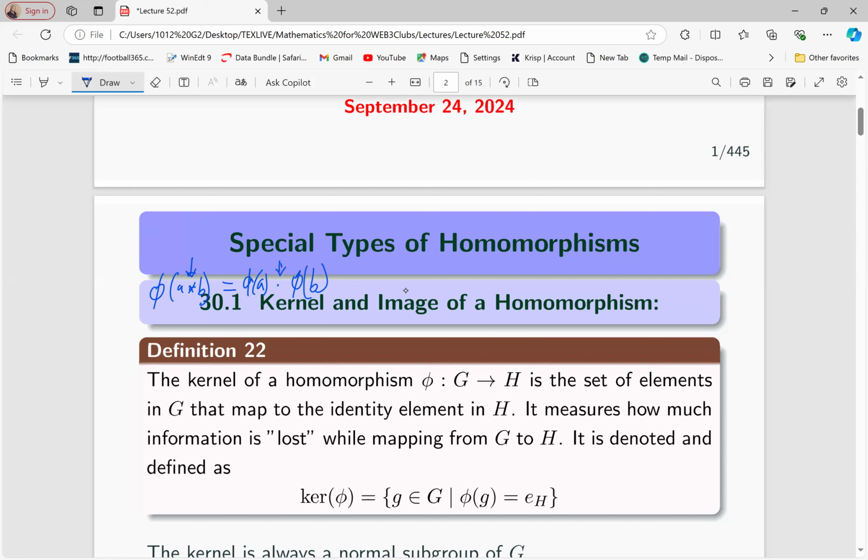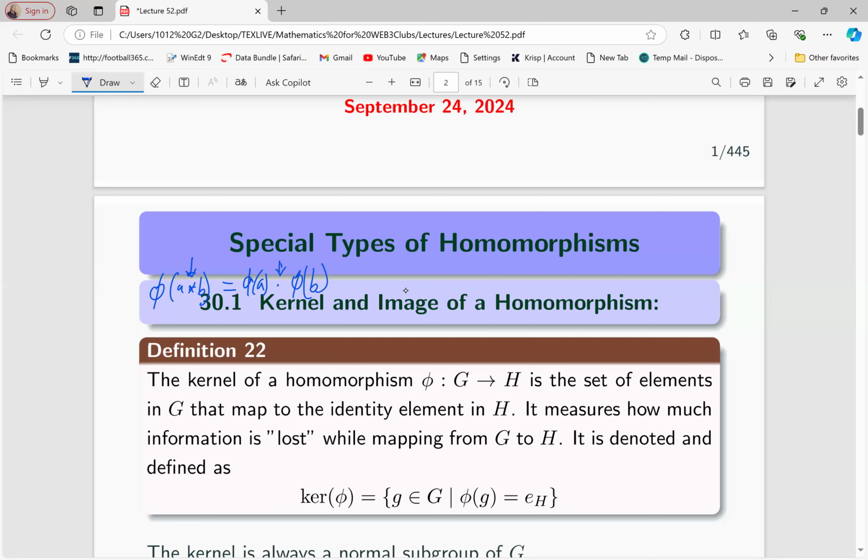This first set, we call it the domain of the function, and this second set, we call it the codomain of the function.